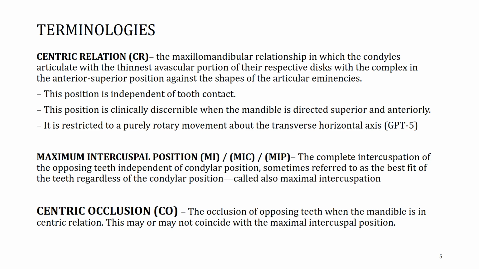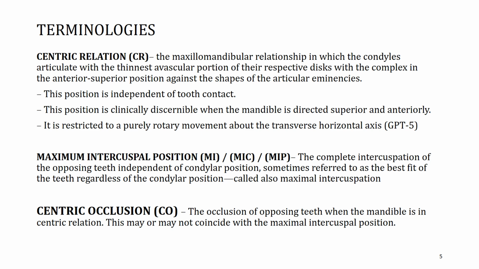It is the maxillomandibular relationship in which the condyles articulate with the thinnest avascular portion of their respective discs, with the complex in the anterior superior position against the shapes of the articular eminences. The position is independent of tooth contact. This position is clinically determined as the mandible is directed superiorly and anteriorly. Also, it is a purely rotational movement. This is the definition by the GPT.